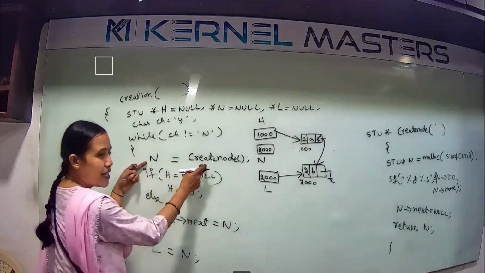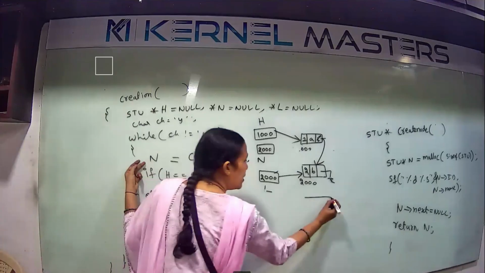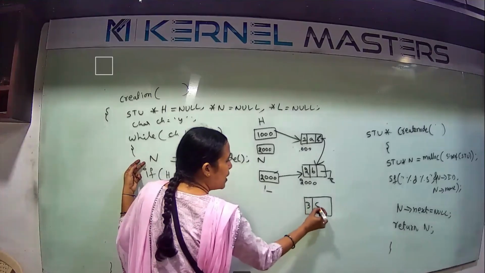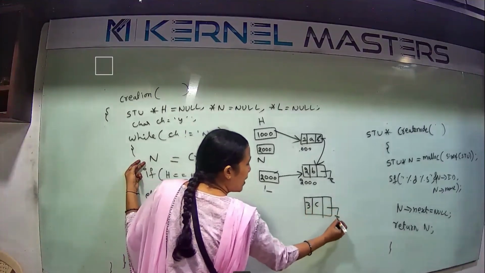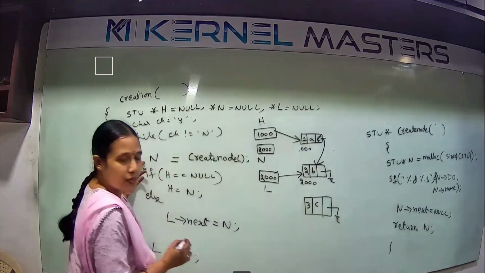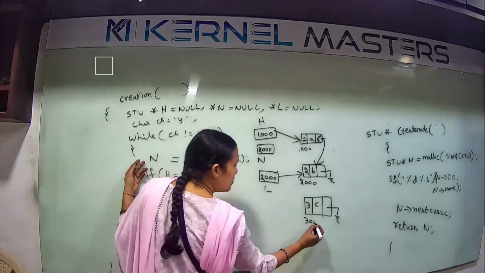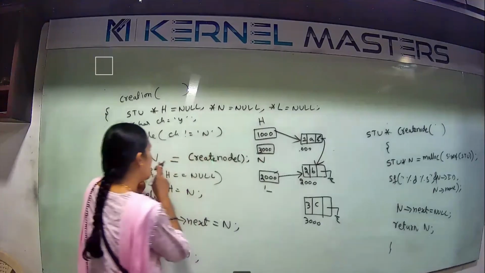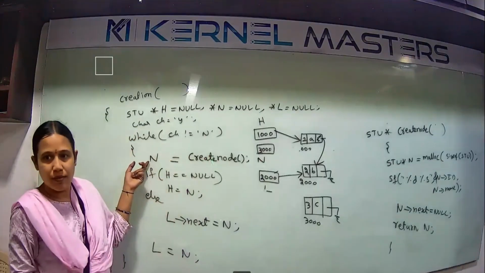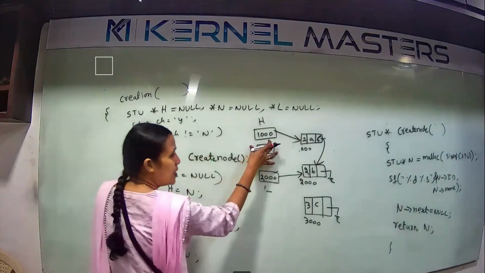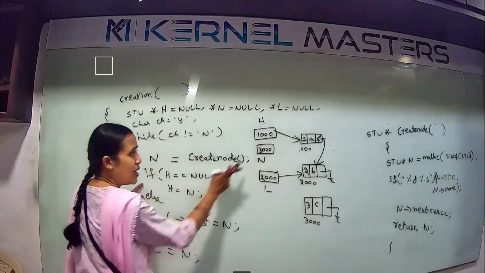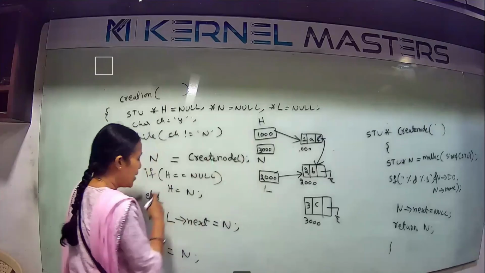Third iteration, create node again. Create a new node. Take ID number, name, fill next node, null. Address is 3000. Okay, return 3000. So N value is 3000 now. Okay, so this new pointer is pointing to this node. Then if H is equal to null, no. Go to else case.